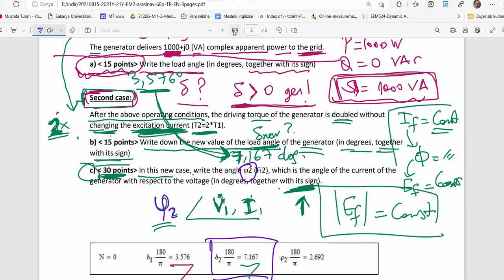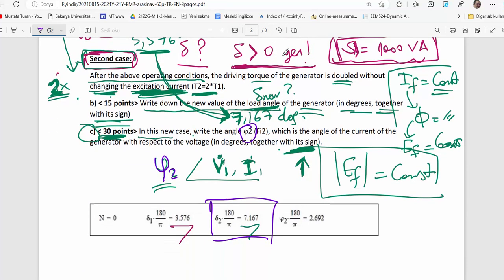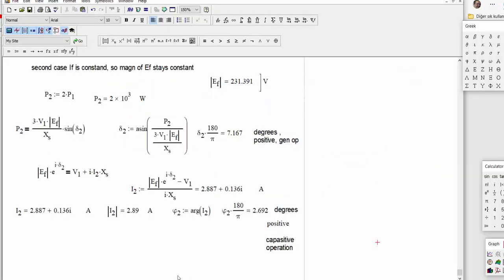Okay, and here we have just calculated the new phase displacement. It was hidden, it was a bit difficult, as you see, and we have interpreted the sign of the angles.